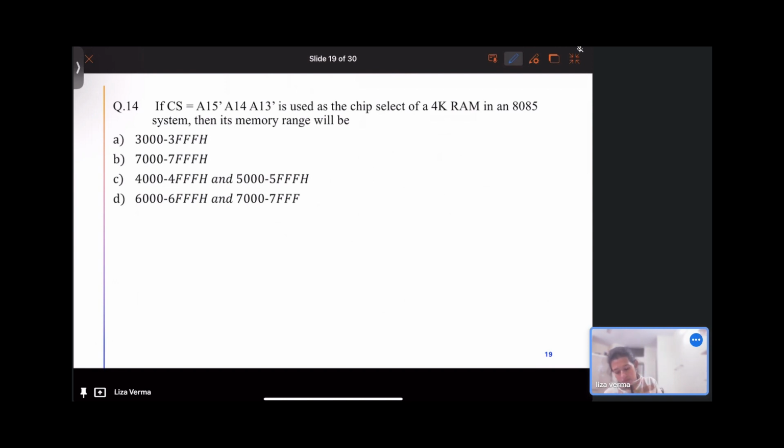8085 has 16 address lines, right? Next thing is, we have 4K RAM. 4K RAM as in it has 4K locations in it to save data, which means 4K means 2 to the power 12, which is equal to 4096.